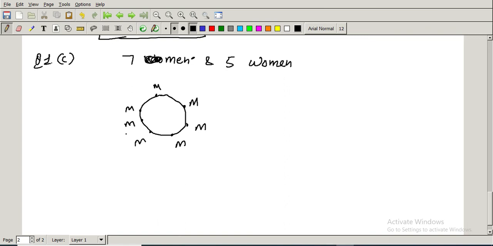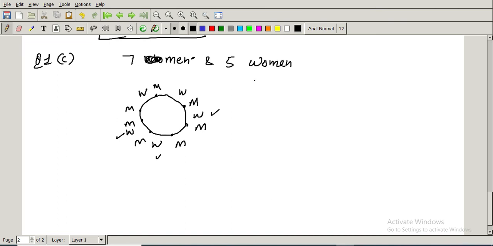Now we have to place the women: first, second, third, fourth and fifth. In that scenario, the women are not adjacent to each other. You can place a woman here, or you can place one, because we still have 2 places left.